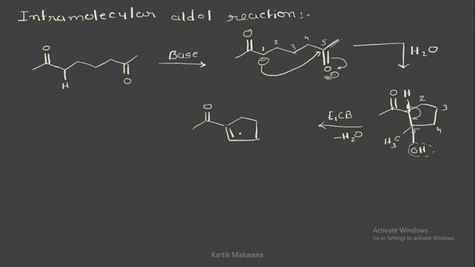Here it is a double bond, and here it is a CH3 group, right? So it will be the final product of the intramolecular aldol reaction, where we are generating a 5-membered ring, right? So due to the intramolecular aldol reaction, we are getting the ring, and the ring formation will occur, right?